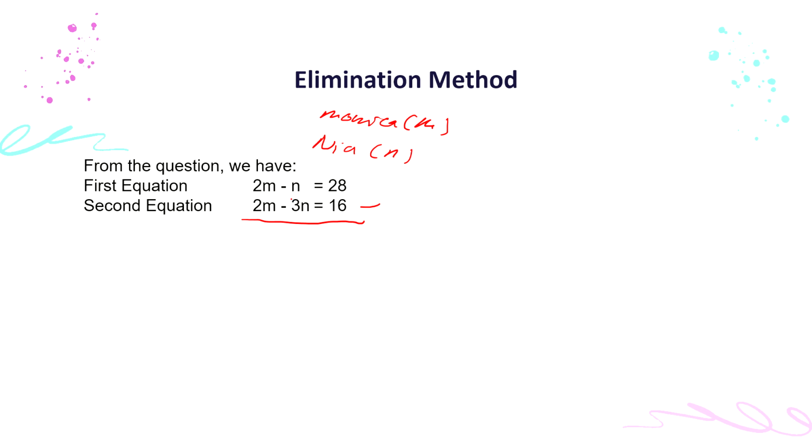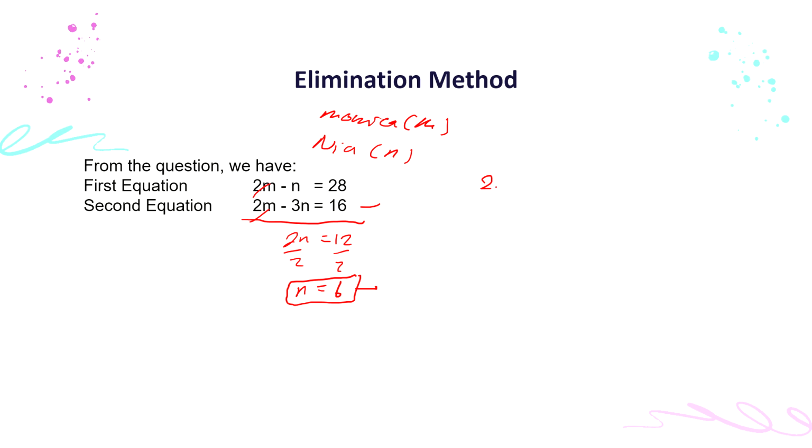Subtract both sides, and we will get 2n is equal to 12, and divide both sides by 2, we will get the value of n is 6. After this, we have just discovered the value of n, so the next step is we will find the value of m.